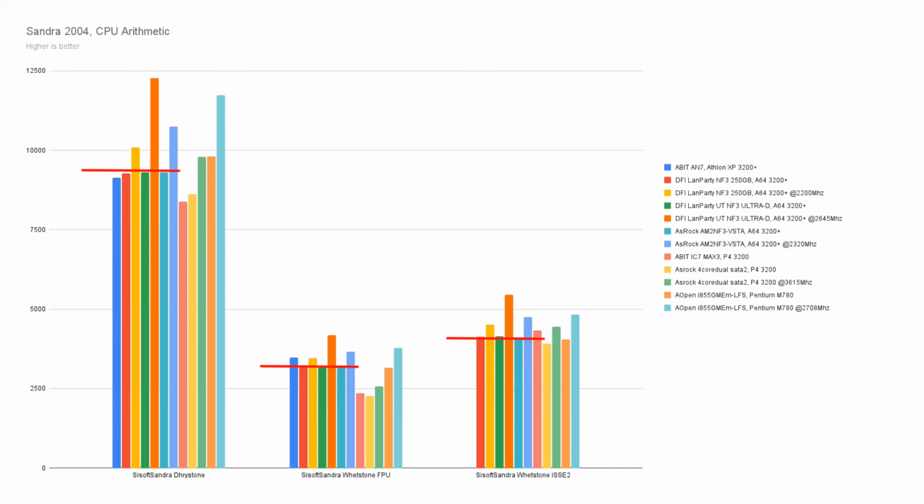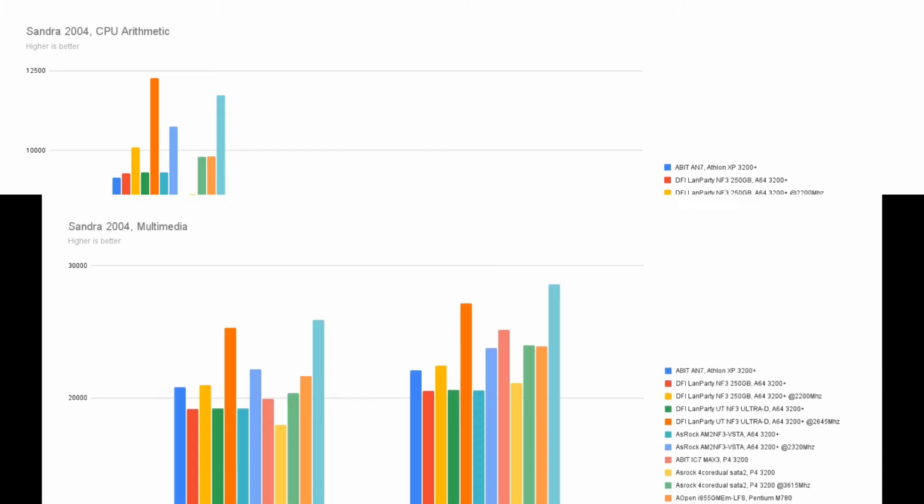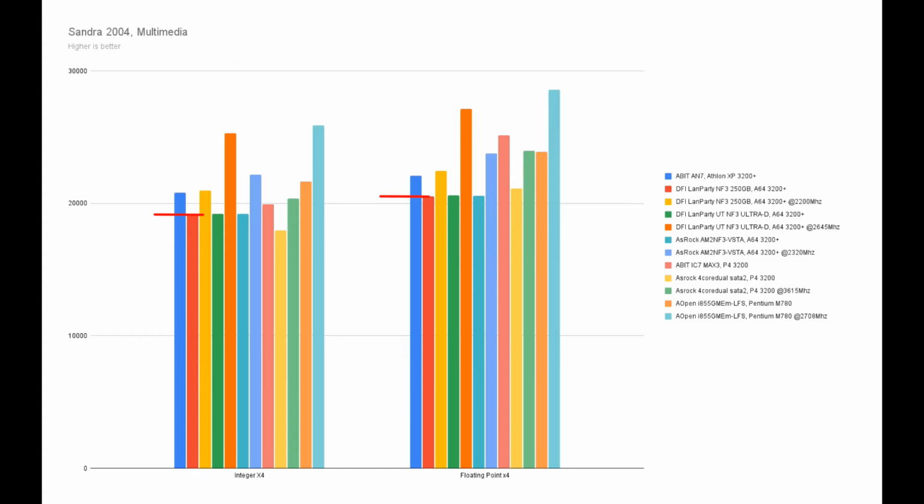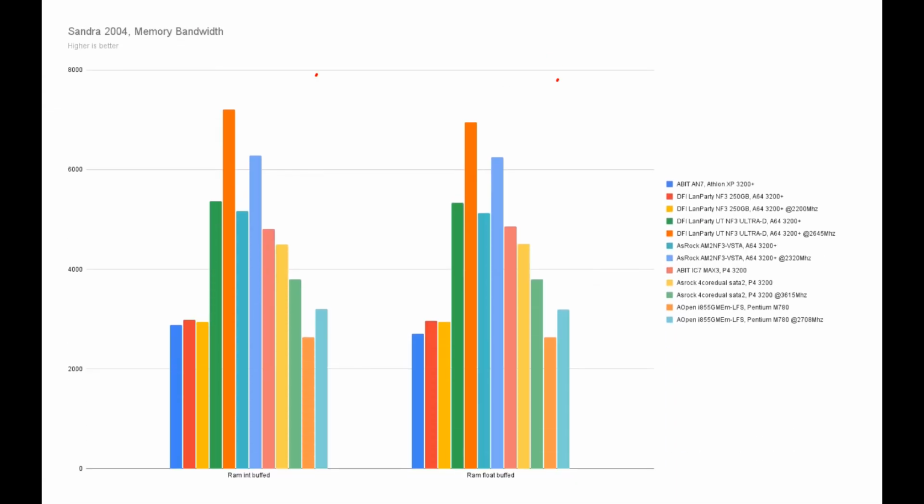In all of Sandra's tests, it's a real surprise that these CPUs are equal under stock settings. The dual channel also shows the difference from single channel, but DDR2 doesn't make any difference.